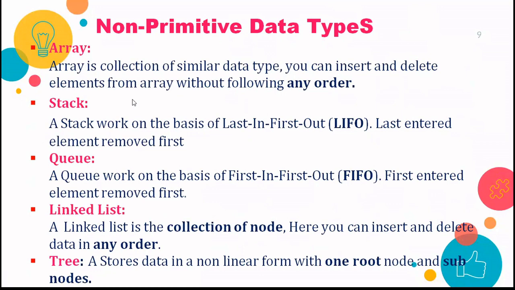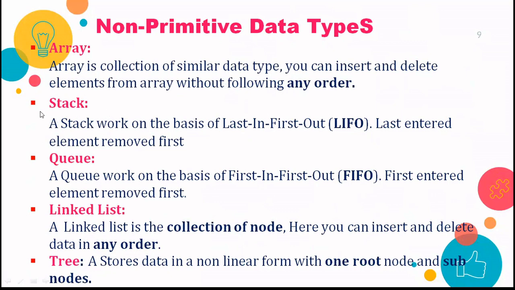You can insert or delete any element in any order, right? But the condition is the data should be of similar data type. If we are storing integer, then everything should be integer. If we are storing float, then all the elements will be of float data type, right?